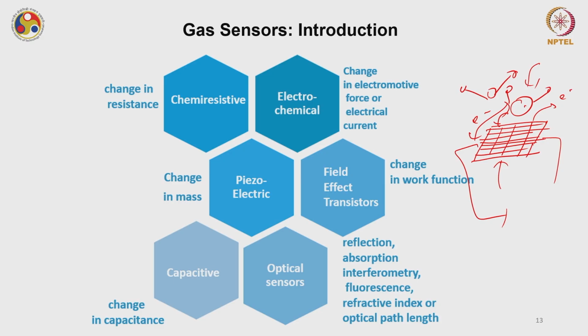Similarly, you have electrochemical devices where change in electromotive force or EMF happens, or change in electrical current happens because of the interaction of some material with gases.